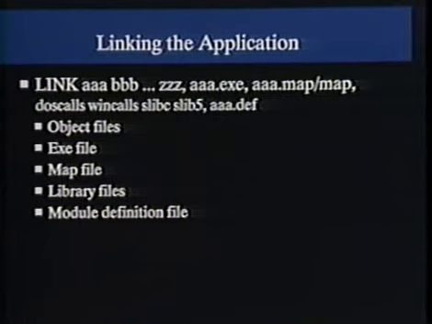So to link our application, we need the C libraries, and there are two of them, slibc and slibc5. The slide has a small error on it. Since it's a Windows Presentation Manager application, we will also need win calls, and since the C library makes calls to the operating system, we will need DOS calls also. Then the final item is the definition file that we just looked at that would be needed for linking the application. Right?